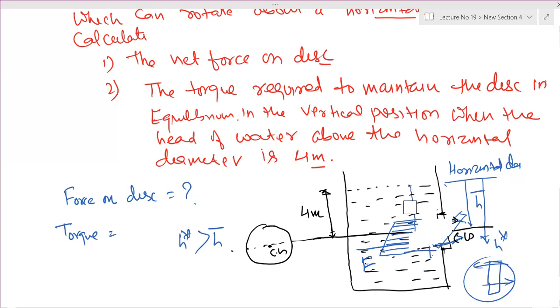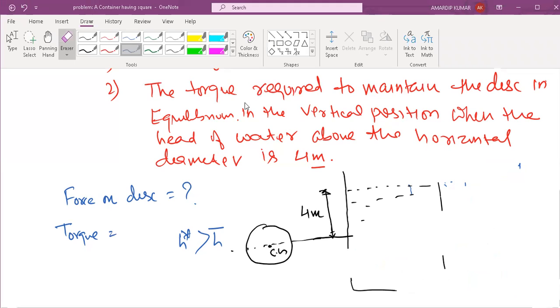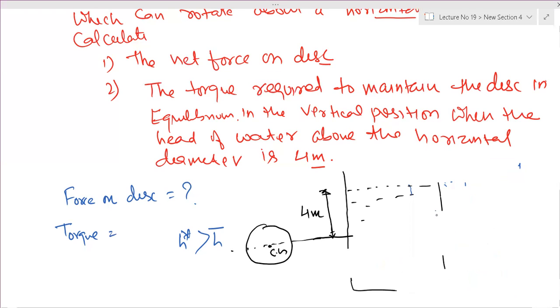So let us once again draw this. This was your disc, right? And this is your center of gravity, and the force will act somewhere here. This is your free surface. This is your H bar, and this point will be below the center of gravity.